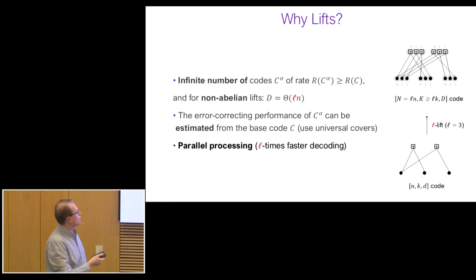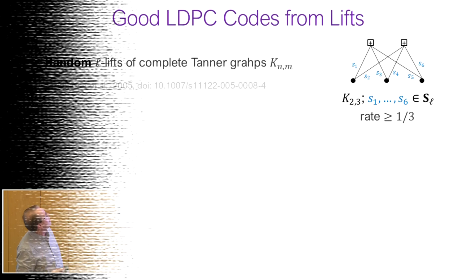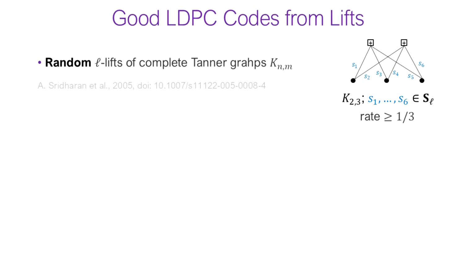Another very important property, which is very useful for practical applications, is that these codes come naturally with parallel processing algorithms, both for encoding and for decoding. Now, here are some examples of how we can obtain good classical LDPC codes from lifts.